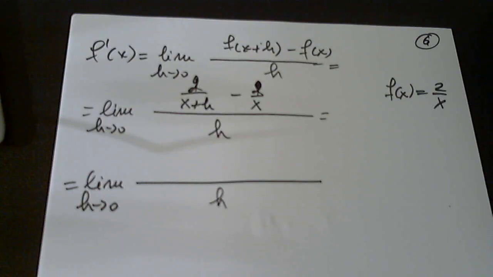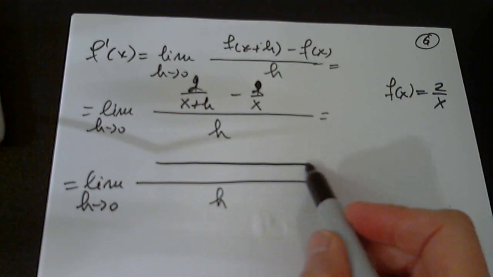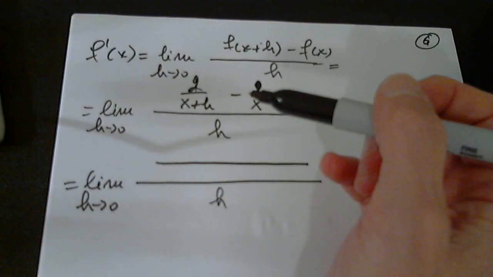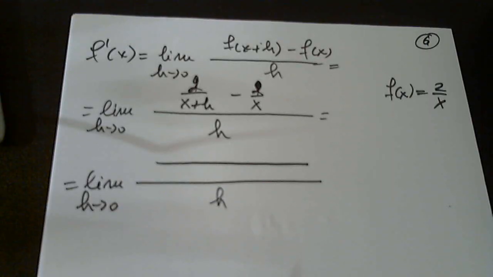Do we need to make a common denominator? Yes, excellent, perfect. Can anyone tell us what is the least common denominator? Is it x? x plus h. Okay.